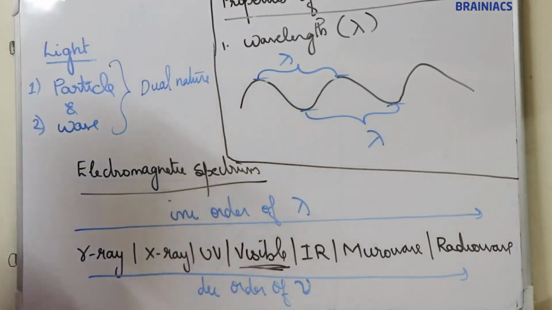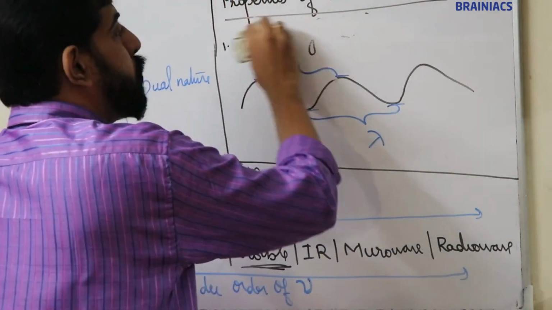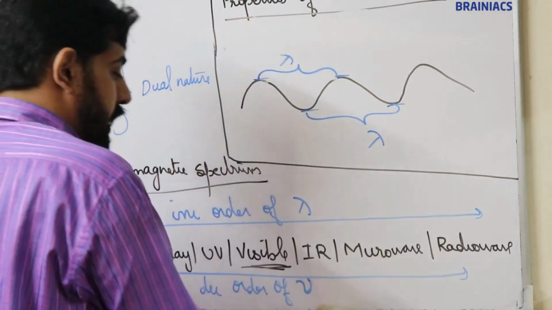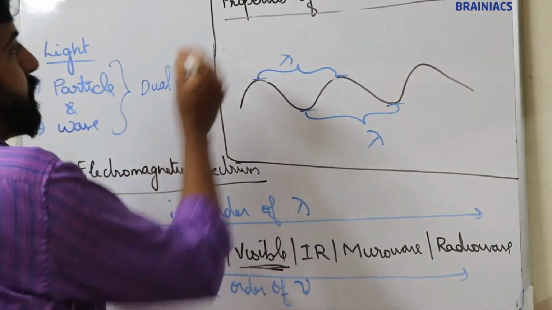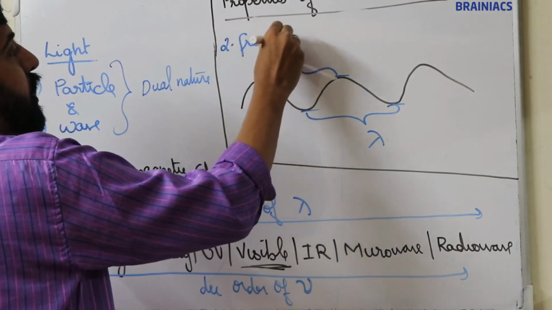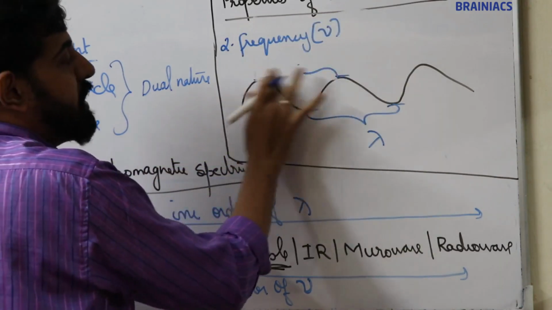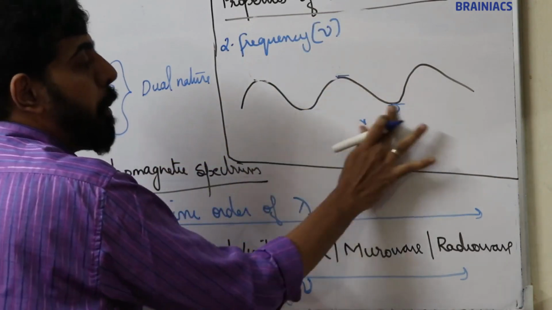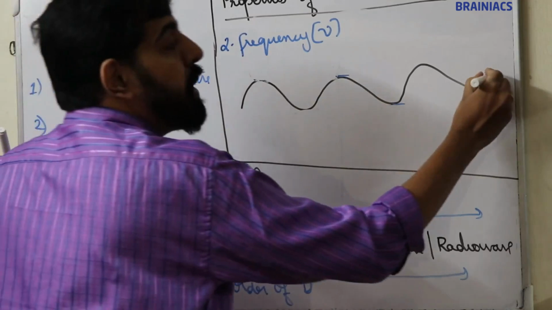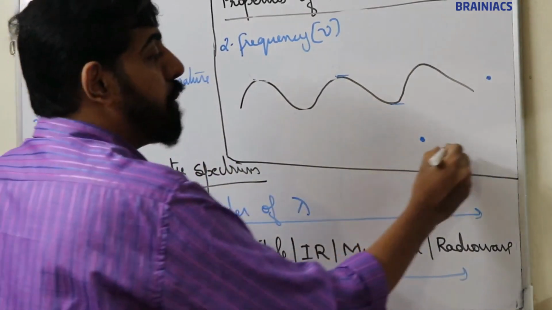Now the second one is frequency. Frequency is represented by nu. Frequency means the number of waves passing through a point per second.